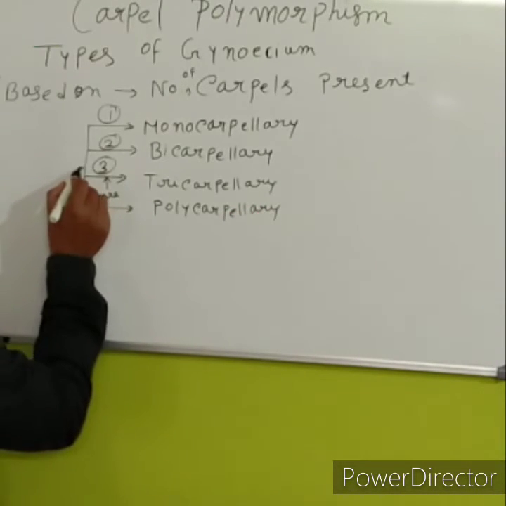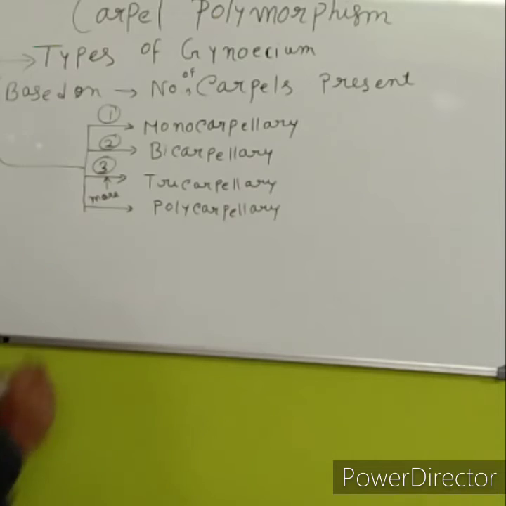So these are the different types of gynoecium based on the presence of number of carpels.